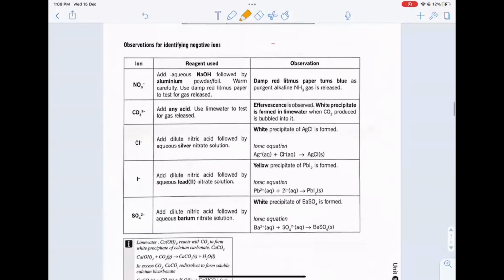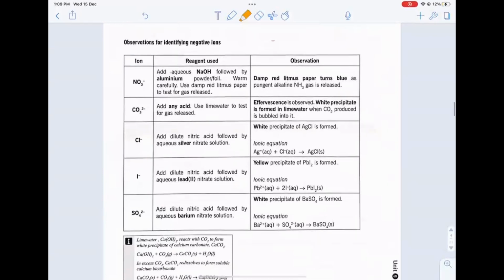So here is our table. Nitrate would be the one that is the most complicated. To test for the presence of nitrate ion, add aqueous NaOH followed by aluminium foil or aluminium powder, then warm it carefully. So what will happen?